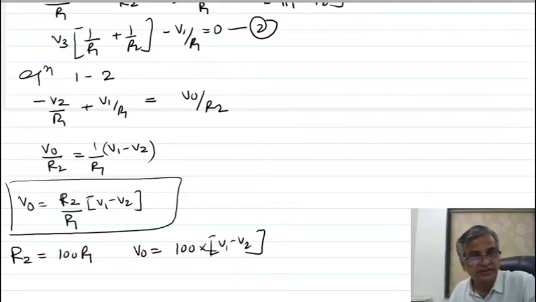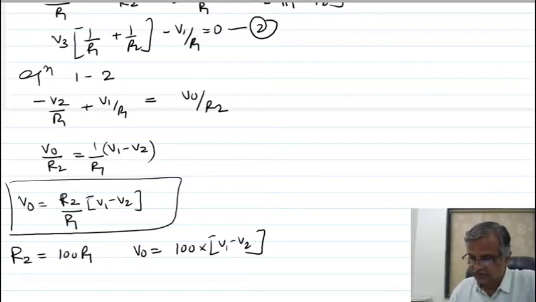So you can easily detect a small difference in input signals. If you keep the value of R2 very large and R1 low, then the gain of the circuitry is large, and such a small difference of the input signal is multiplied by 100 times. This circuit is very useful in detecting a small difference in signal.